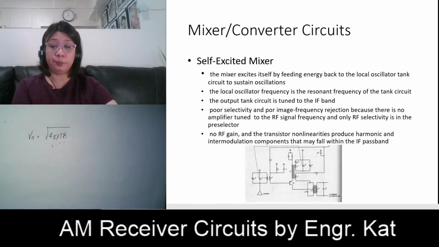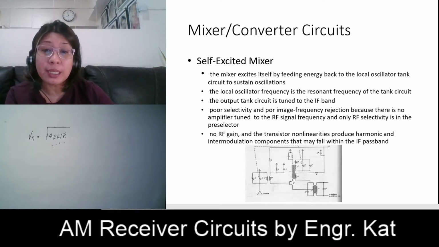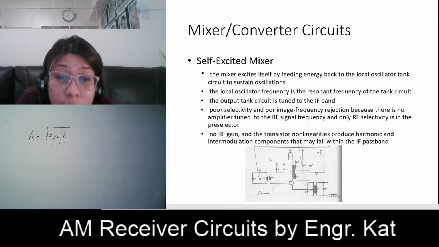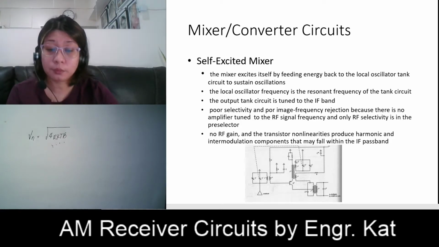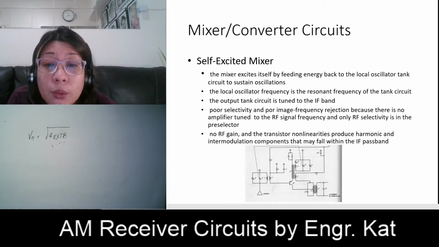That means it provides amplification for our local oscillator. Our local oscillator is a tank circuit. So this is our local oscillator, and this is a tank circuit, C2 and L2.